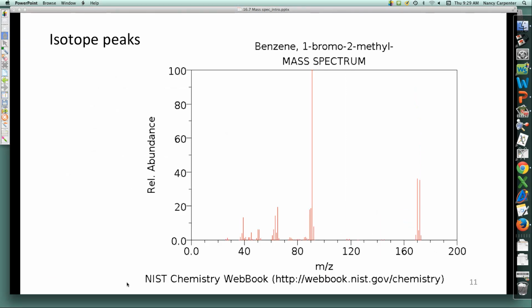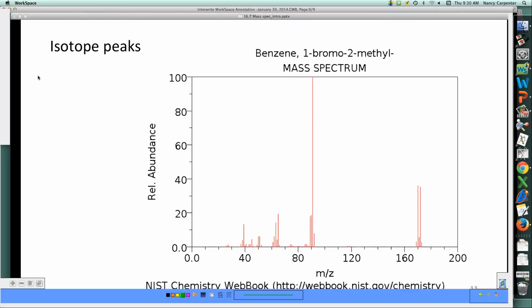Now, the really nice feature of isotope peaks is that it lets you absolutely nail down the presence of bromine and chlorine. Bromine has two isotopes, 79 and 81, and chlorine, 35 and 37. The ratio of bromine 79 to 81 is almost 1 to 1, and 35 to 37 is, I think, something like 2 to 1 or 3 to 1.